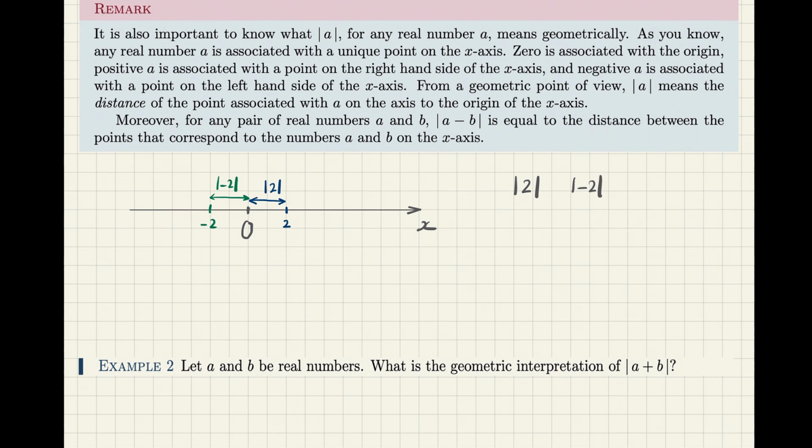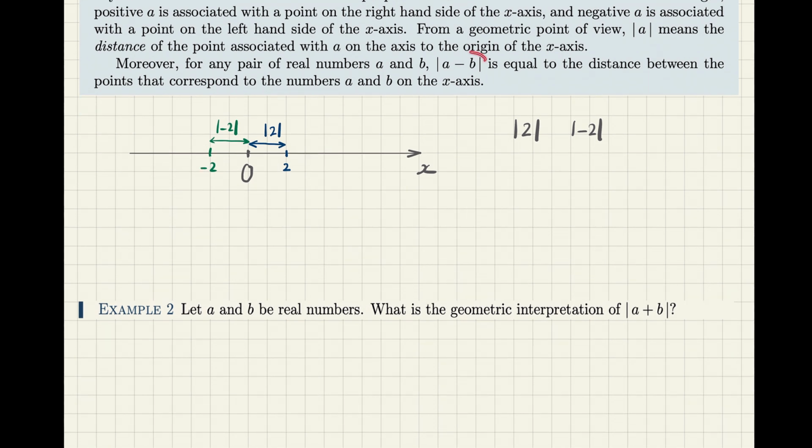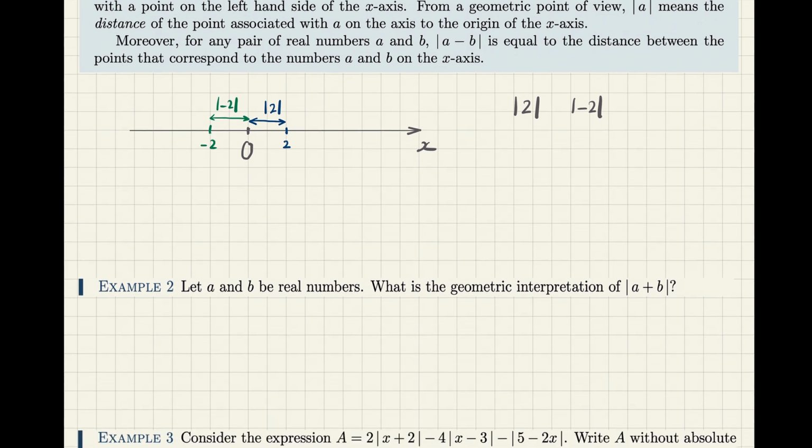Another thing that is also very important, I want you to understand what is the geometric interpretation of absolute value of the difference of two numbers. The absolute value of a minus b, what is that? So let me draw a diagram here for you.